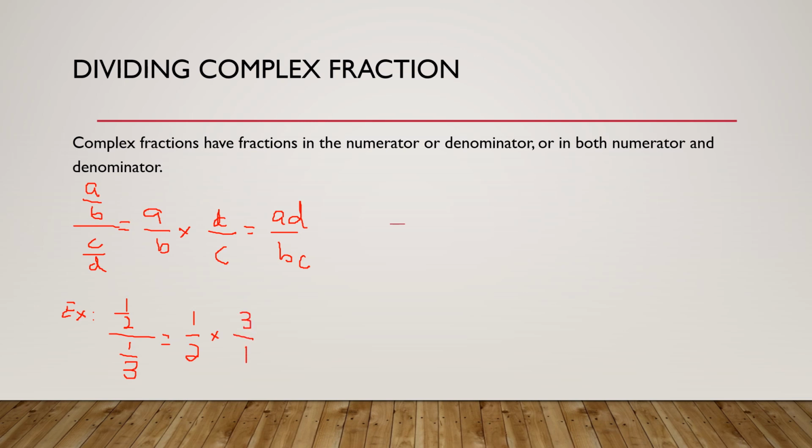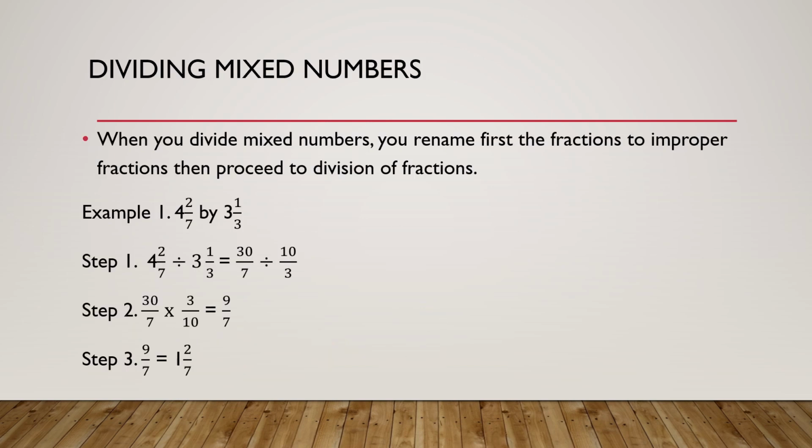So always get the reciprocal of the second fraction. 1 times 3 is 3, 2 times 1 is 2. Or write your answer as a mixed number: 1 and 1/2. Okay? That is a complex fraction.